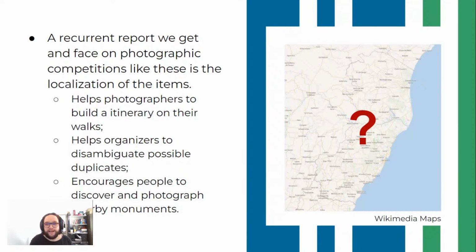I know the monument, but I didn't know it didn't have a photograph on Wikimedia Commons, and as soon as I leave my house, I will photograph it. So here I show the Wikimedia map with no information, and that's a representation of the lack of coordinates.